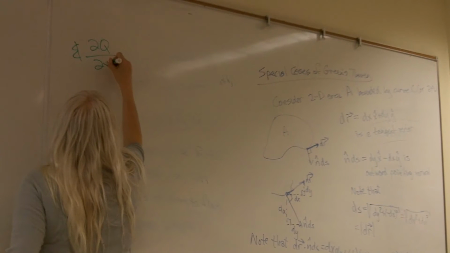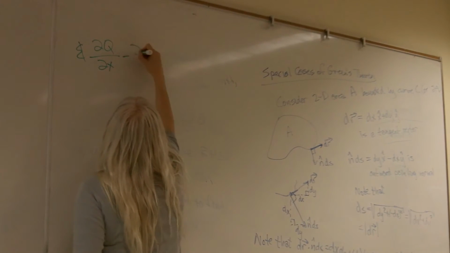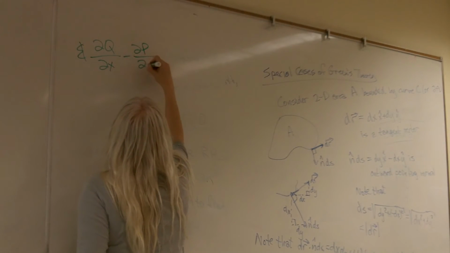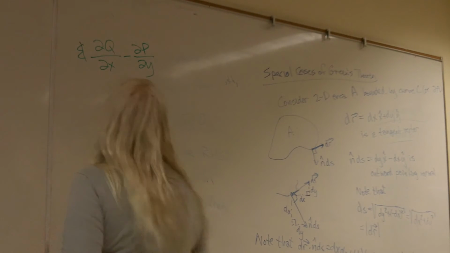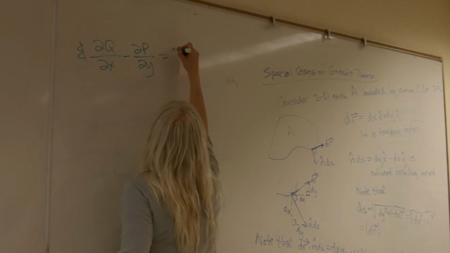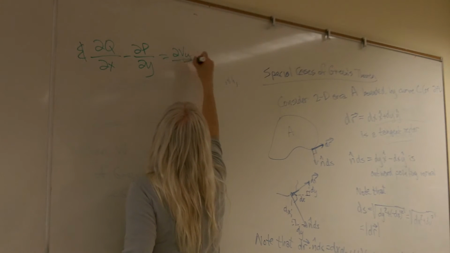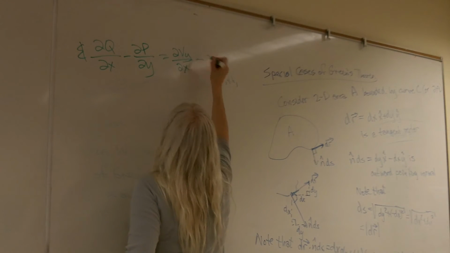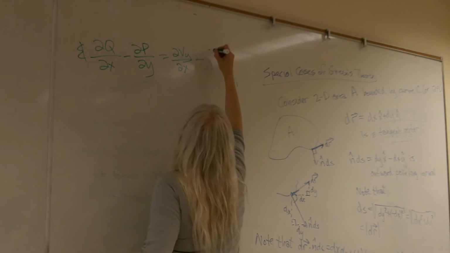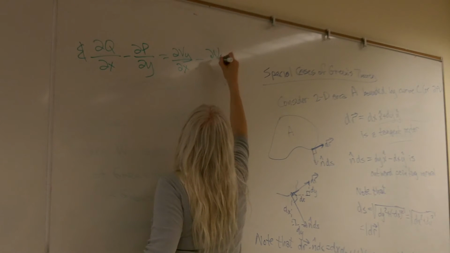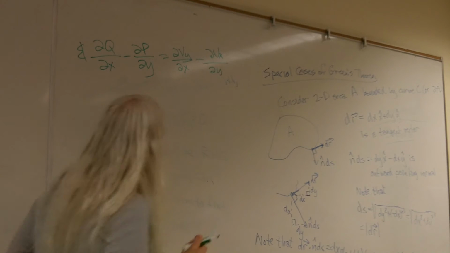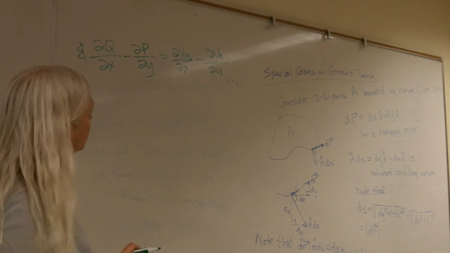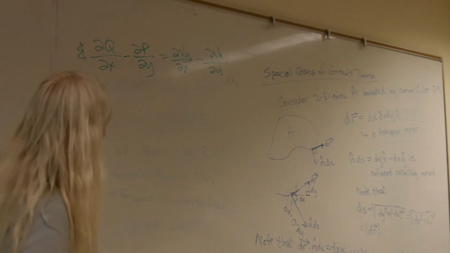The integrand on the left-hand side involves the derivative of Q with respect to x minus dP dy. Well, Q is equal to v sub y, so this is the derivative of v sub y with respect to x. And P is v sub x, so this is the derivative of v sub y with respect to x minus the derivative of v sub x with respect to y.